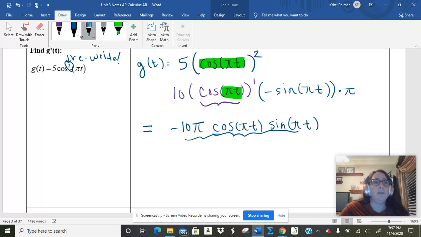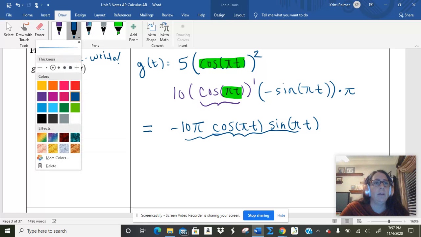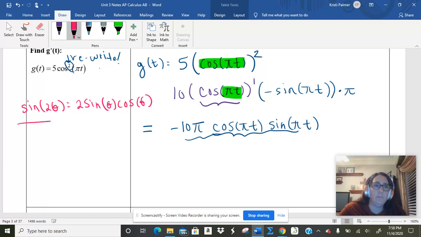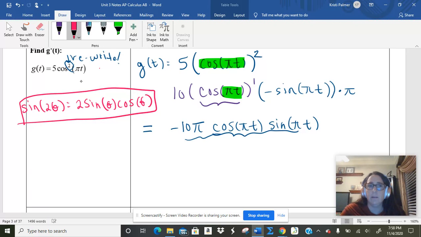So do you remember this formula right here? If I said the sine of 2 theta equals 2 sine theta cosine theta. So this was back when we did our pre-calculus, we learned this.